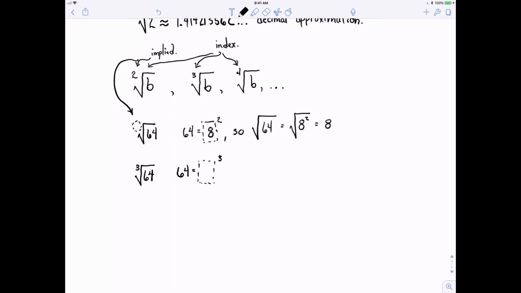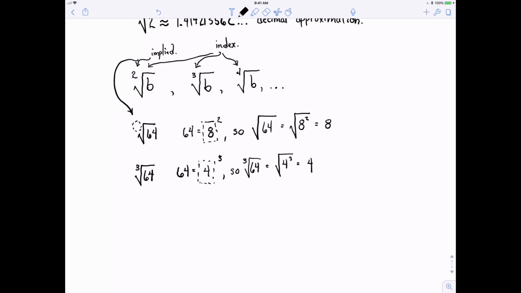If we take 3 and raise that to the third, that would be 27. So let's try 4. If we take 4, that'd be 4 times 4, that's 16. 16 times 4 is 64. There you go. So, in other words, the cube root of 64 is equal to 4 cubed. So this is 4.